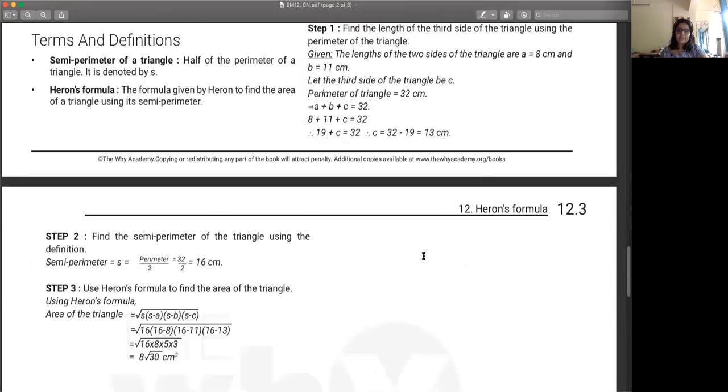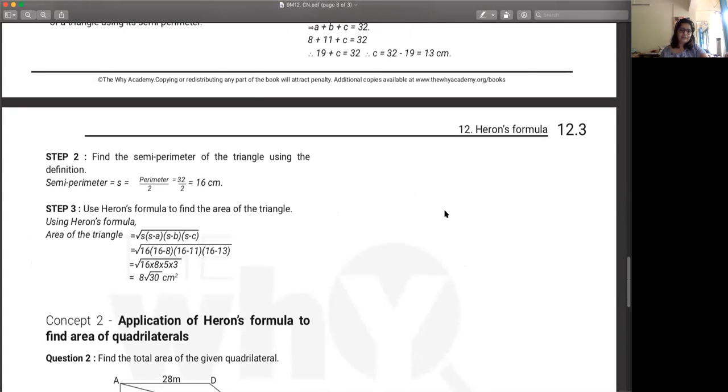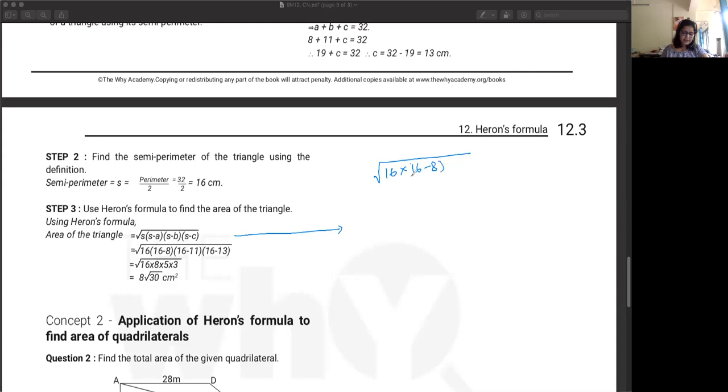So a simpler method is this. This is Heron's formula, I'll start writing from here. You get root of 16 into 16 minus 8, s minus a, into 16 minus 11, s minus b, into 16 minus 13, s minus c.